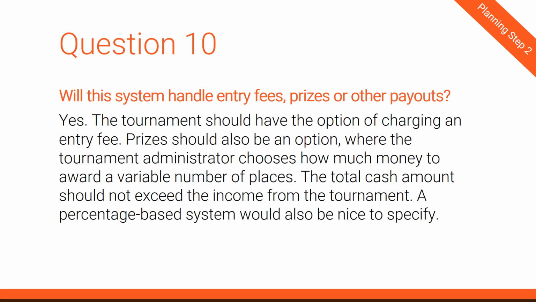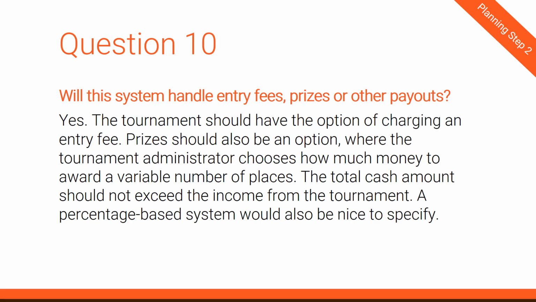And then there's also the thought of having a percentage-based system. And that's a nicety. That would look something like awarding the first place player 50% of the overall take. So if the tournament brings in $100, first place gets $50.